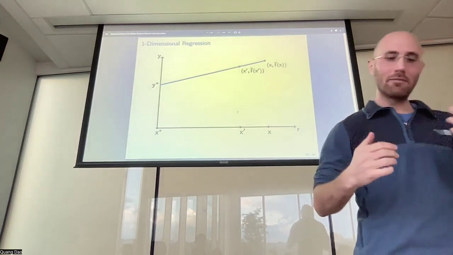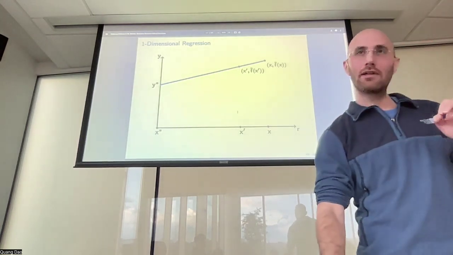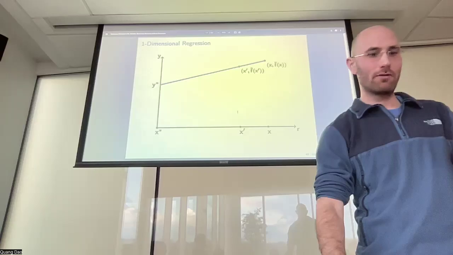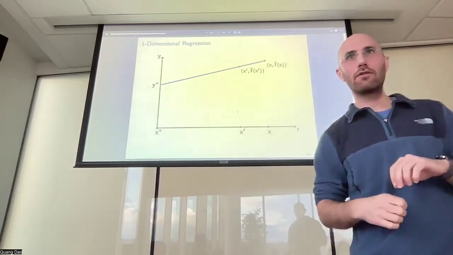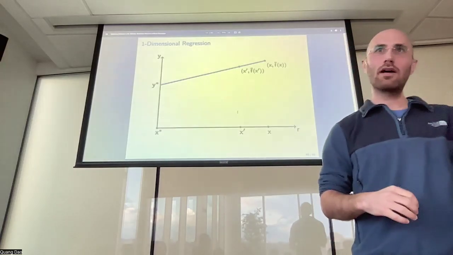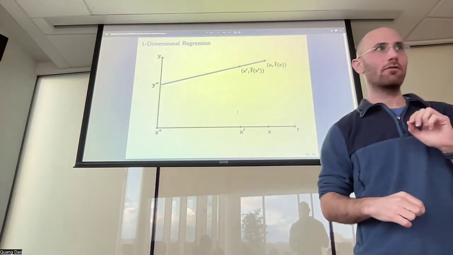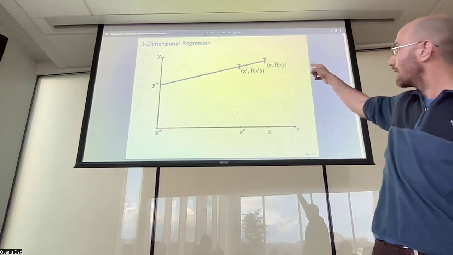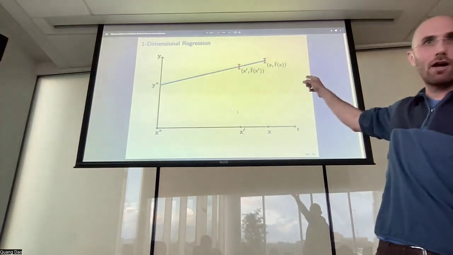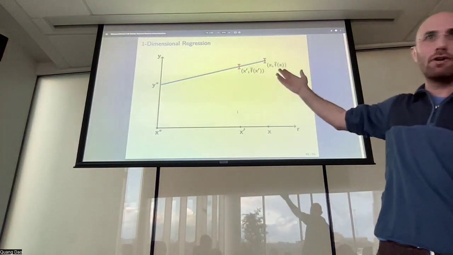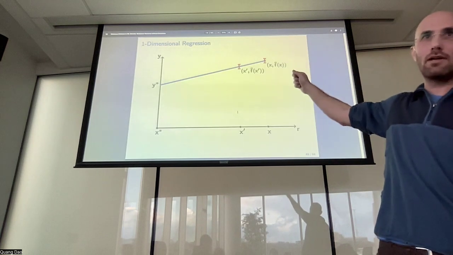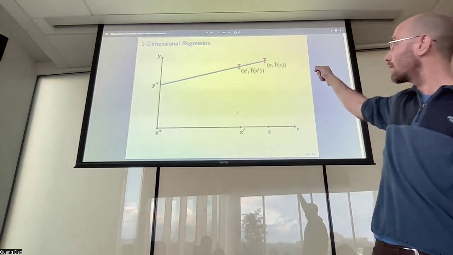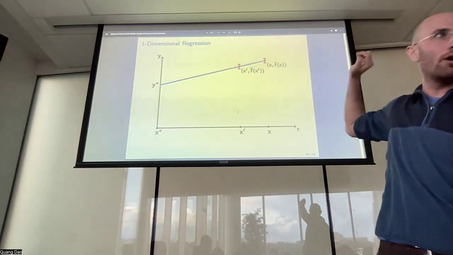Now you need to be a little bit more careful because, of course, f tilde is not exactly the right label. But it gives us answers that are most of the time close to the right label, right? So there are these little error bars around the values for x and x prime, and with high probability for random x and x prime, the values for f tilde will fall inside these error bars.